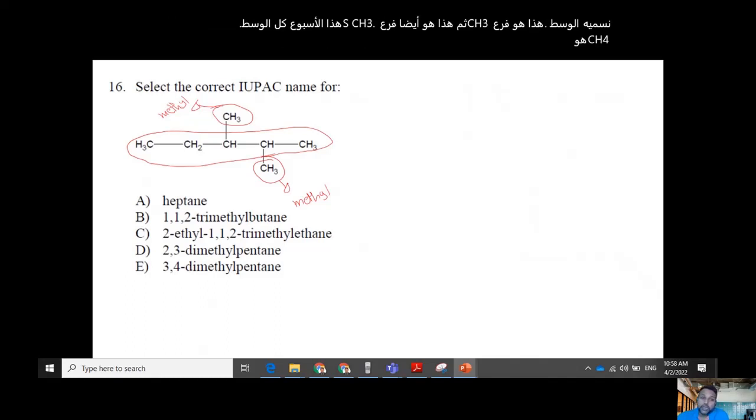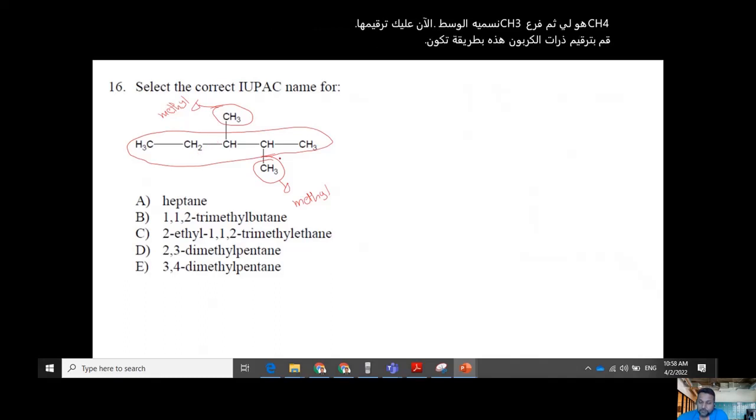Now you have to number these carbon atoms in such a way that the side chains, or branches, get the least numbers. Either you can start from here or from the other side.